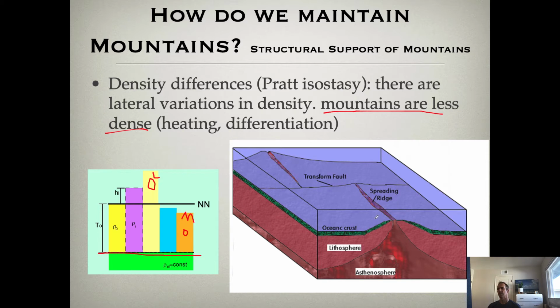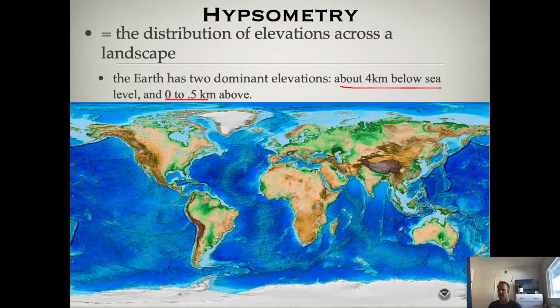So where would we see this on the planet? Well, a good example is at mid-ocean ridges, where you are creating new crust, and as it moves away from the mid-ocean ridge, it gradually cools. That difference in temperature, that cooling, causes it to sit lower and lower. So if we go back to this map, and I know it might be a little bit too small to see, these mid-ocean ridges are high.